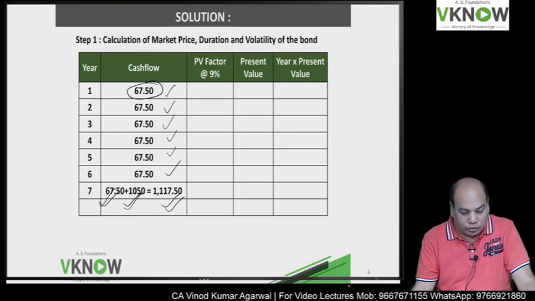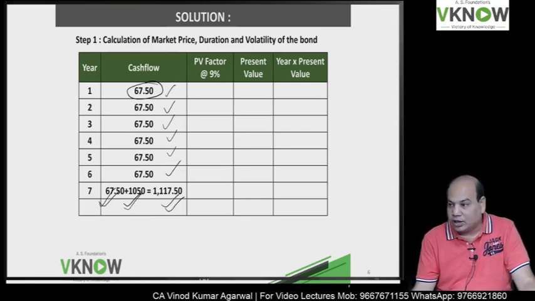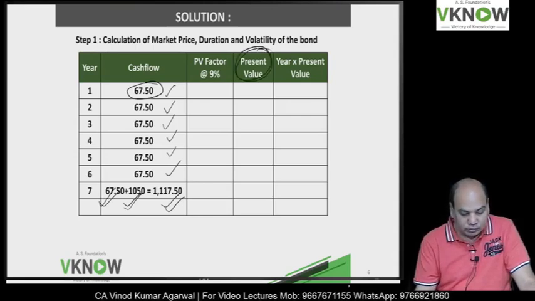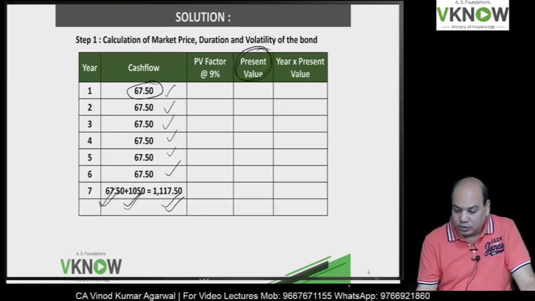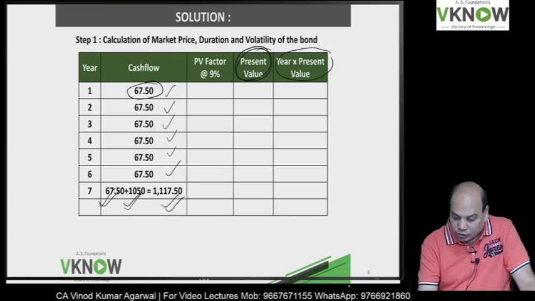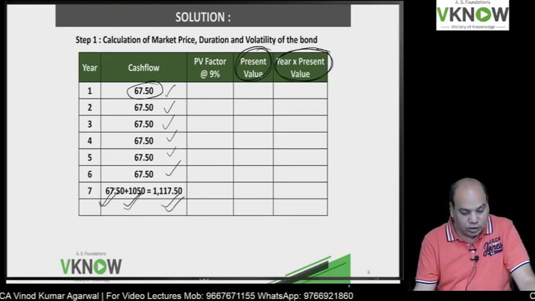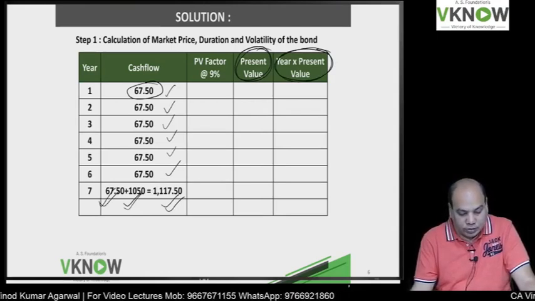Now I will ask you to do the remaining calculation. For calculating the intrinsic value of the bond, we will take present value, and for calculation of duration of the bond, we will multiply year into present value. I hope you have done this. Okay.